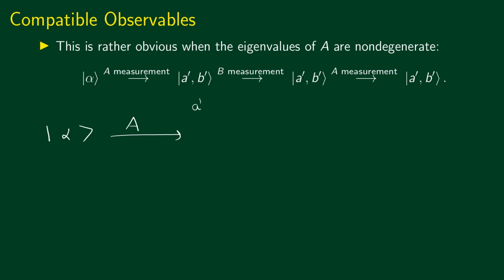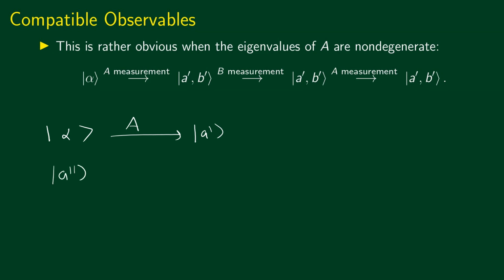These are real numbers. And that's not all. The state changes from ket alpha to one of the eigenkets of A. So if A prime is the eigenvalue that I measured, then the state has changed from ket alpha to ket A prime. So on a measurement of observable A, the state changes from ket alpha to one of the eigenkets of this observable.